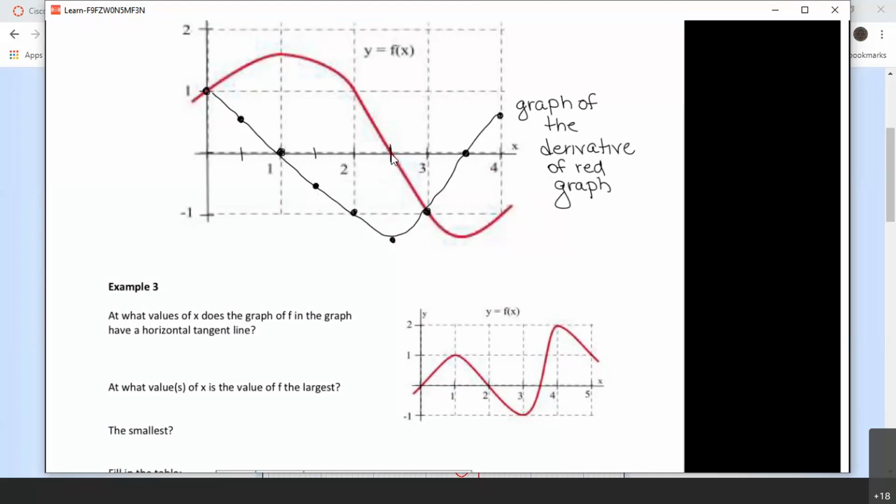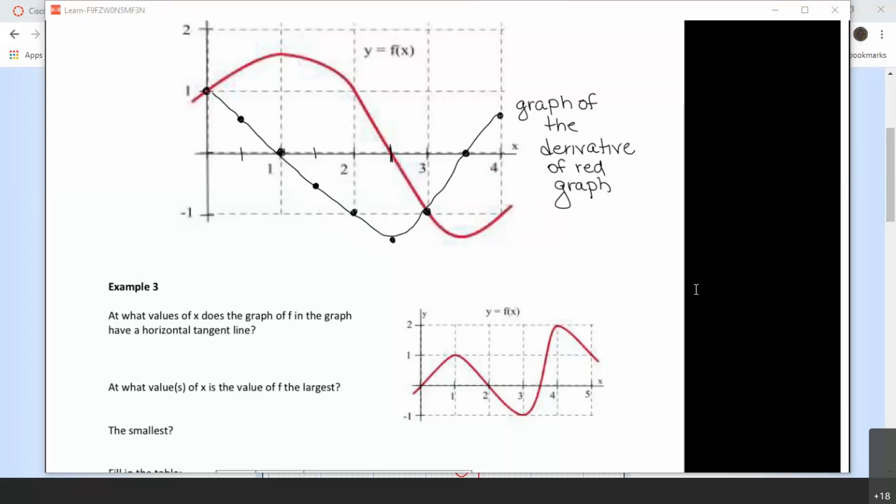Right here, the graph is decreasing all the way, but it goes from what's called concave down to concave up, and that's why the graph turns around here. We'll talk about that. But does everybody at least understand generally that the derivative graph crosses the x-axis when the original graph turns around?